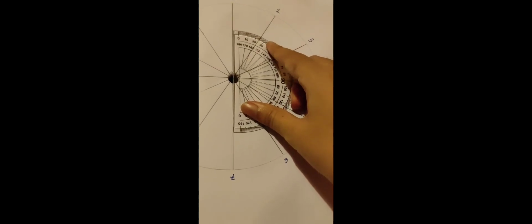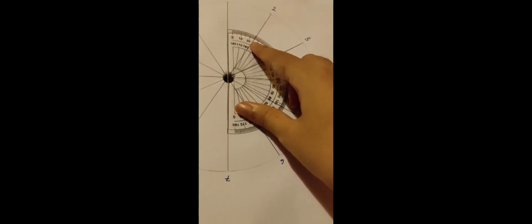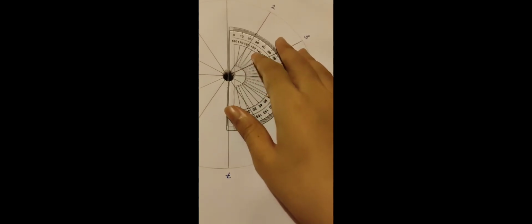And then after we have marked 30 degrees, we have to draw the line using the ruler. Then we have to put the pen or pencil on the center.